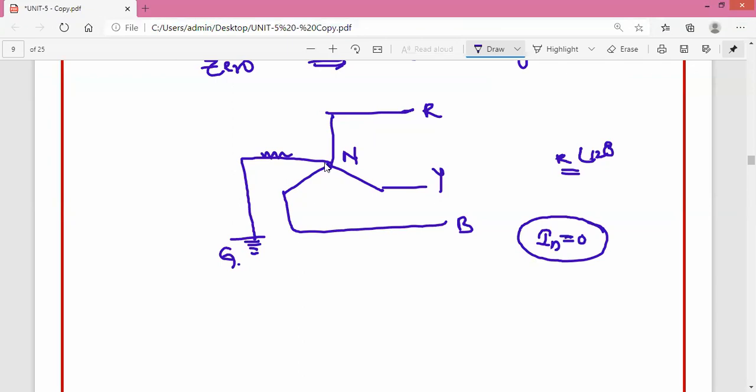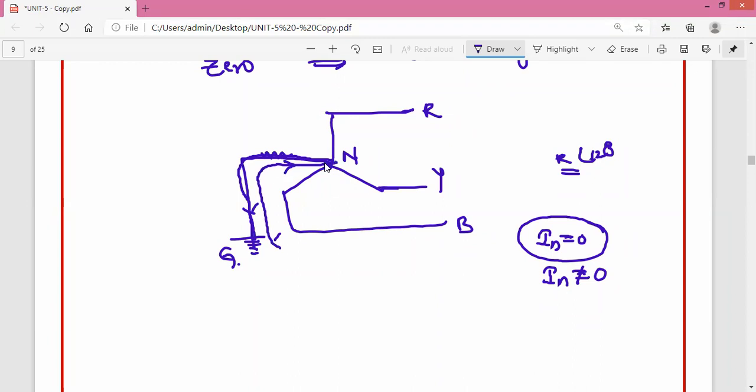As and when an unbalanced system exists, then there exists a neutral current. That neutral current will be flowing through the neutral point to the ground, or from the ground to the neutral. So this is the difference.